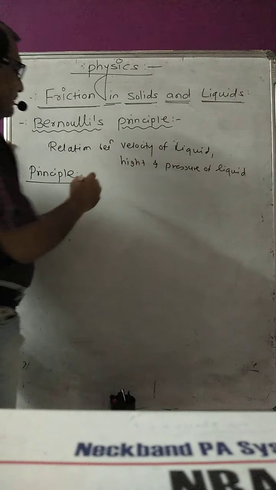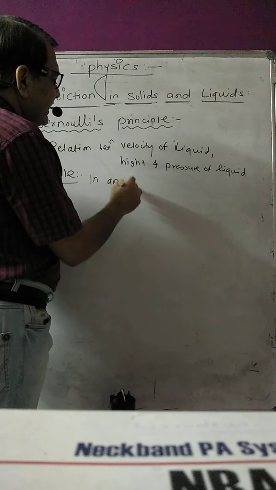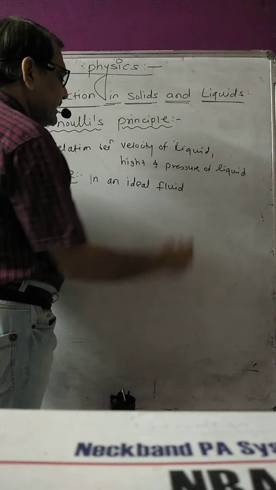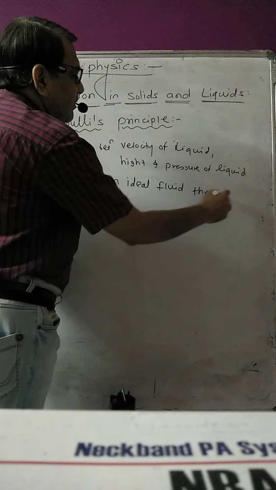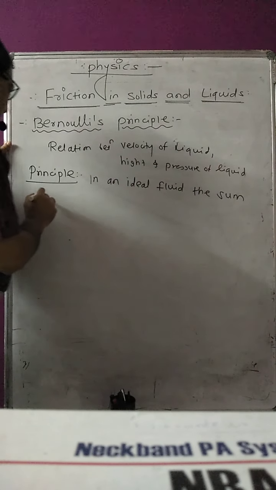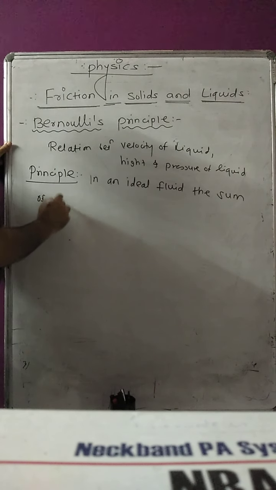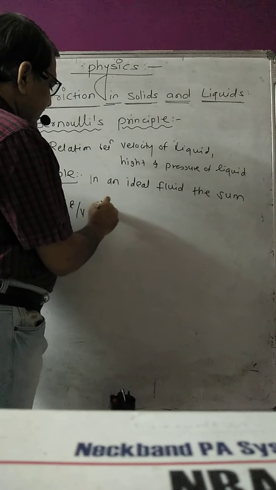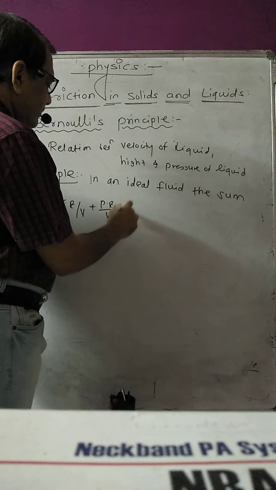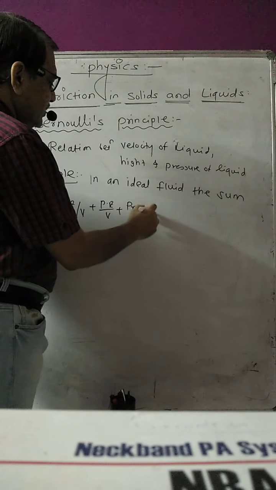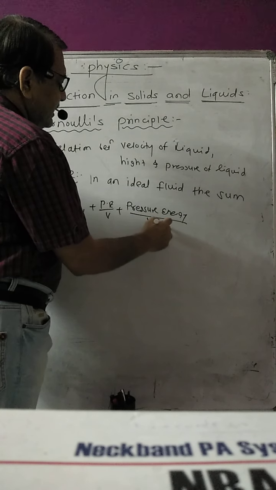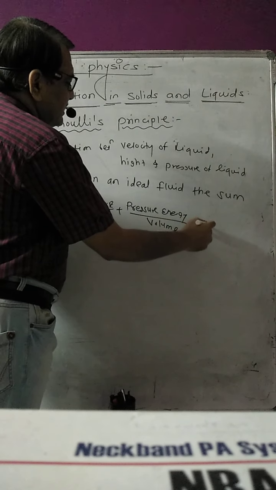So that is called Bernoulli's principle. I will write down that principle. In an ideal fluid, the sum of kinetic energy per unit volume, potential energy per unit volume and pressure energy per unit volume will always remain constant.